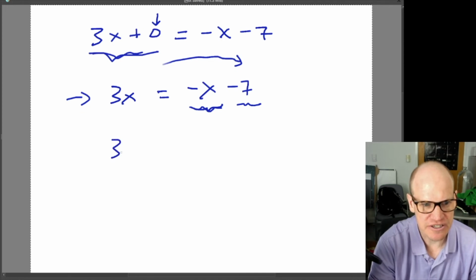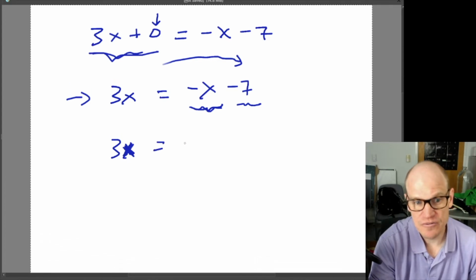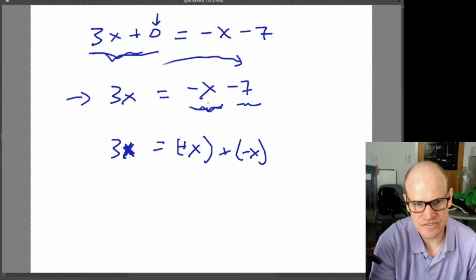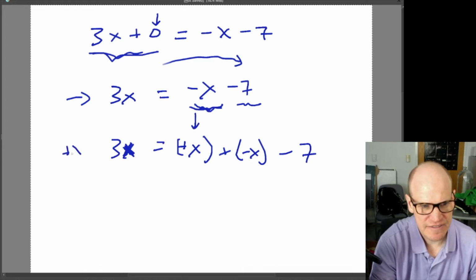So I'm going to get 3x plus x, is equal to plus x, which is the additive inverse of this, plus, in this case, -x. I'm just separating by a plus sign, minus 7. If I'm going to add this to this side, I have to also add it to this side.